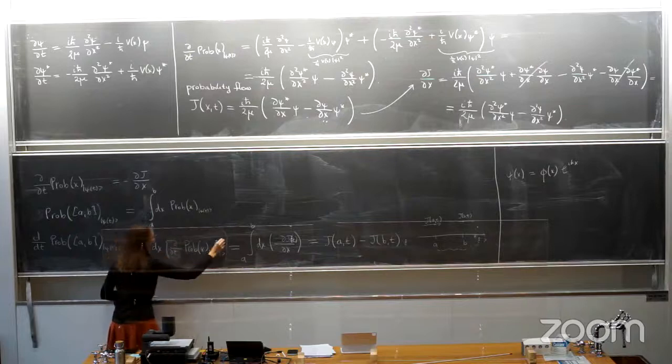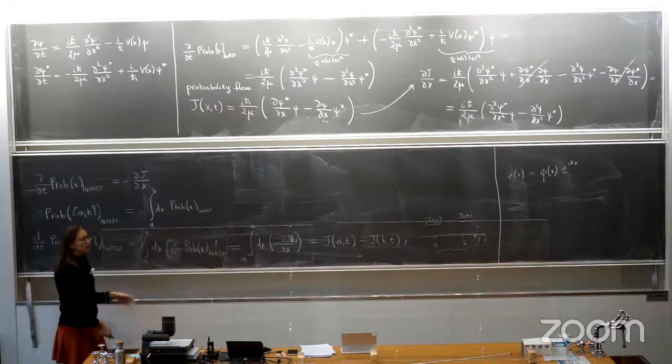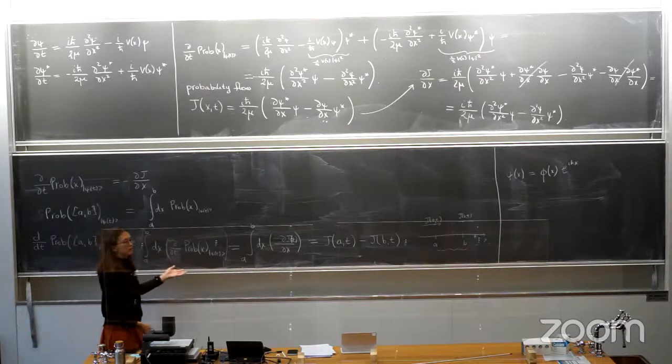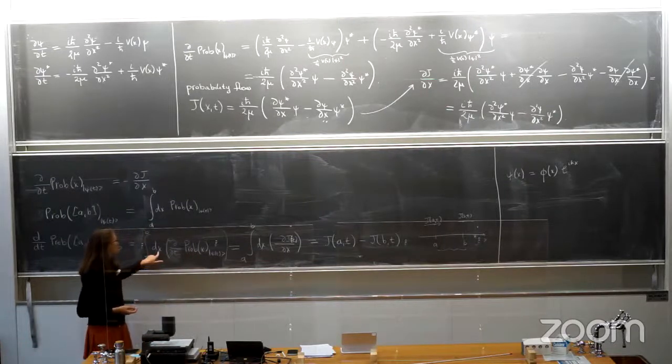And then after that, I'll integrate whatever I get over x. So this is just a simple mathematical rule. When you have a function of many parameters and you integrate over one, but you also need to take a derivative over the other parameter, you can always exchange these two things.